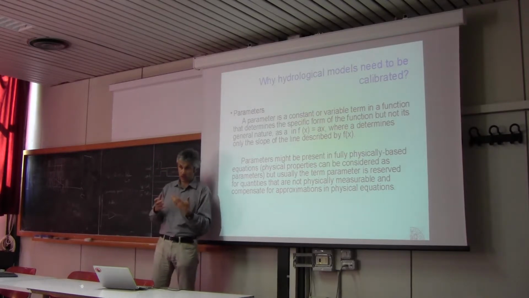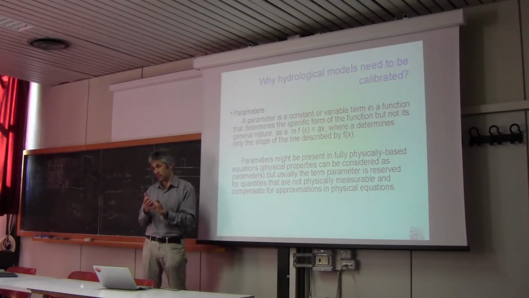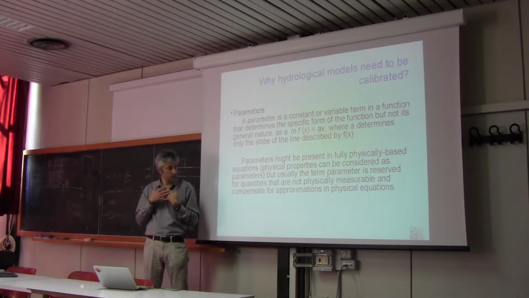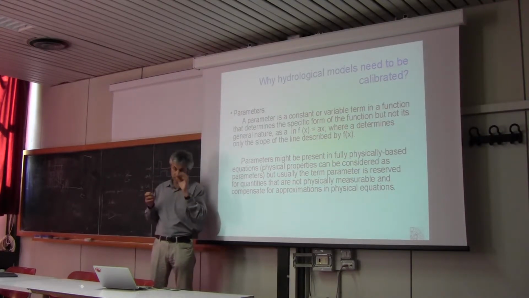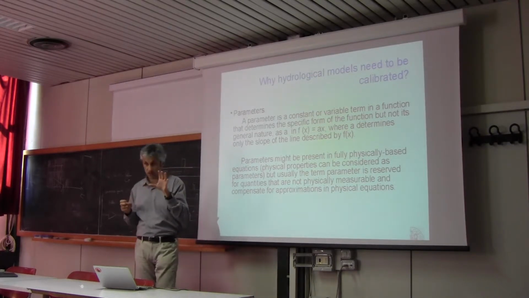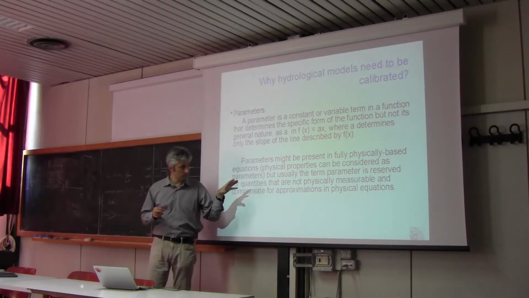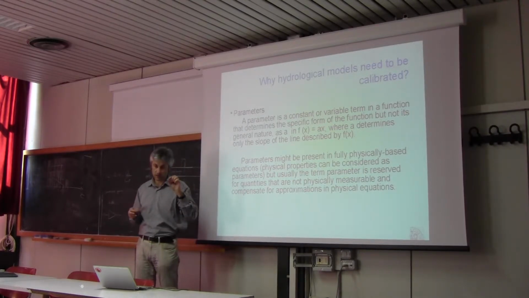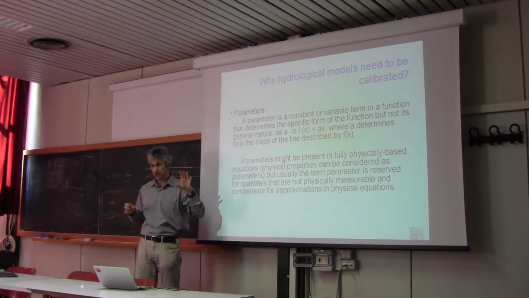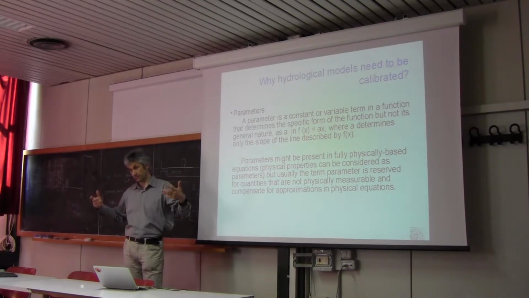So there is at least an apparent contradiction here. Now, let me explain better. Roughness can in the end be guessed, but typically, because it's a parameter, it compensates for other deficiencies of the model.